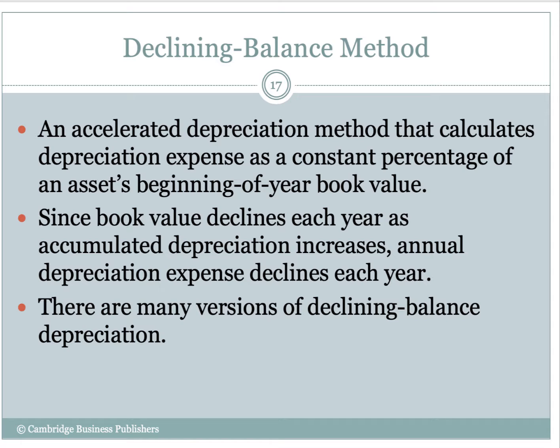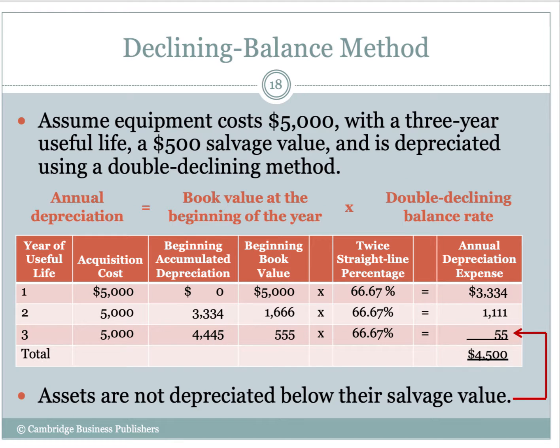So this book value declines each year as accumulated depreciation increases, so our annual depreciation expense is going to decline each year. We can get into the double declining method, we can get into the 1.5 declining method, but let's just look at what we mean here.